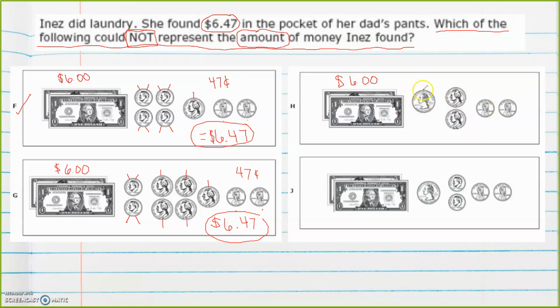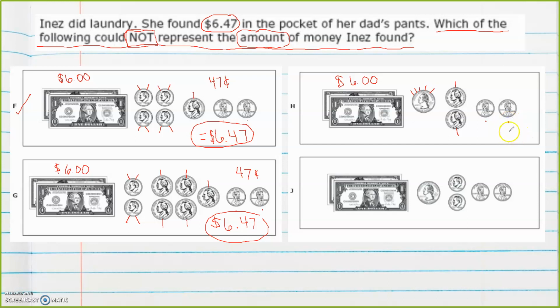Okay, this is a quarter. A quarter is worth 25 cents. So we have 5, 10, 15, 20, 25. These are nickels. Those are worth 5 cents each. 5, 5, and then I have my 2 pennies.